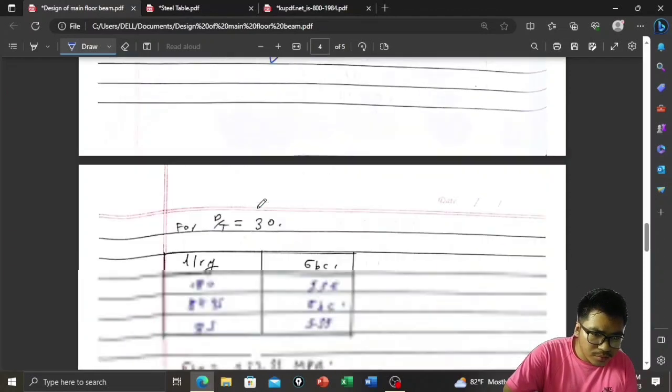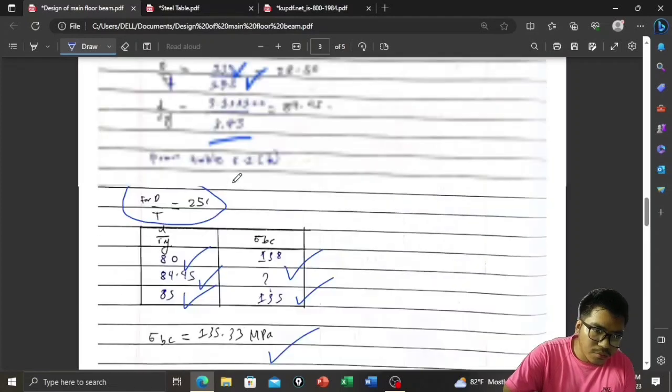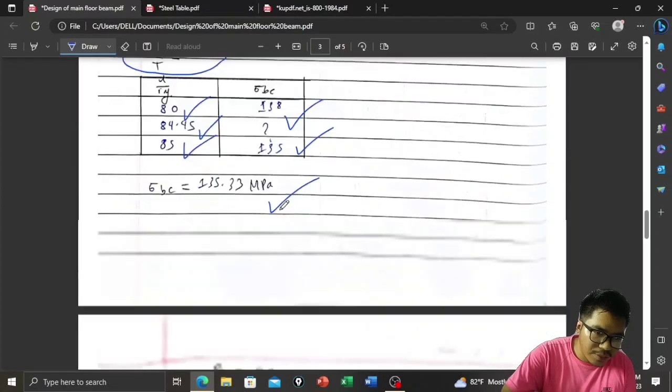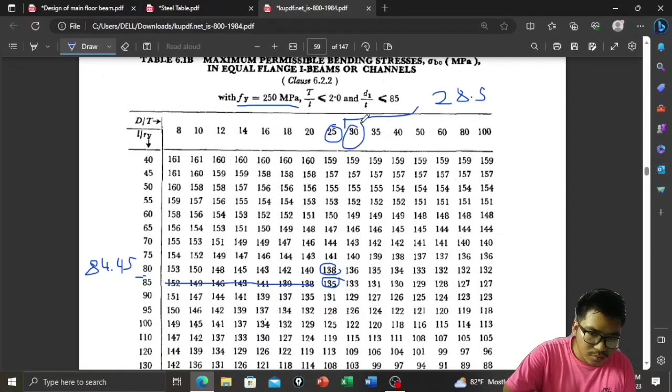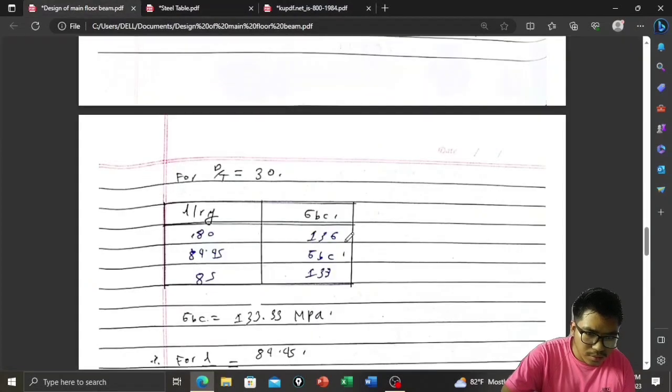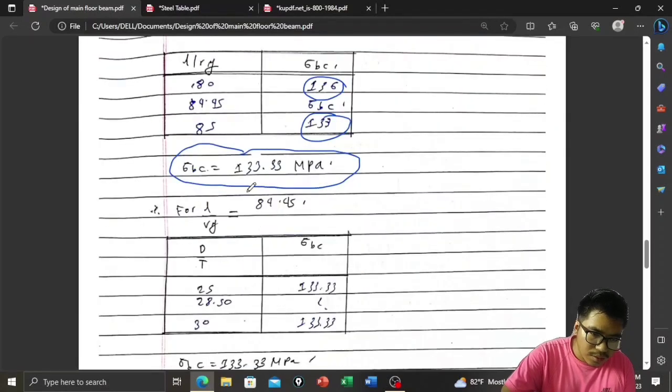Here we choose 25, and here we choose 30. So for 80 it is 136, and for 85 it is 133. By linear interpolation, sigma BC is 133.33 megapascal for 84.45.